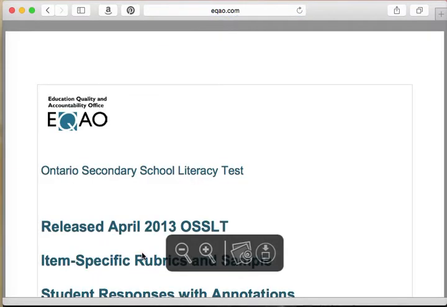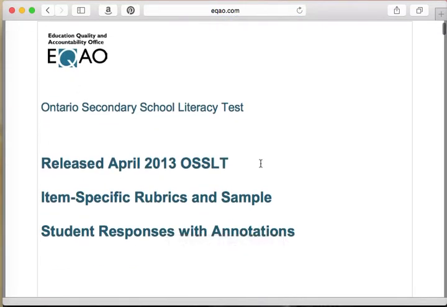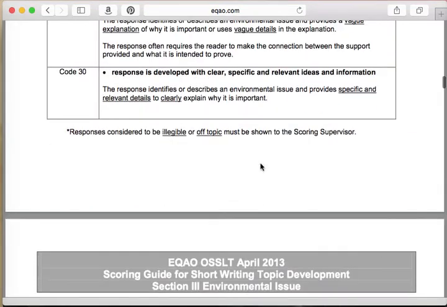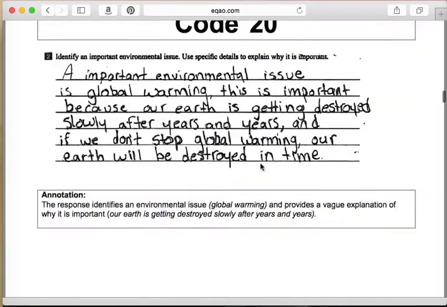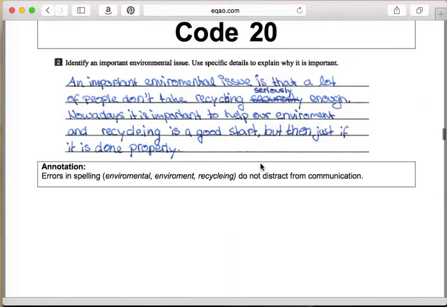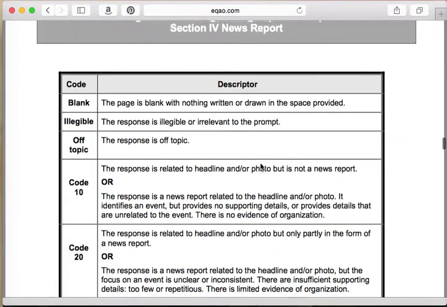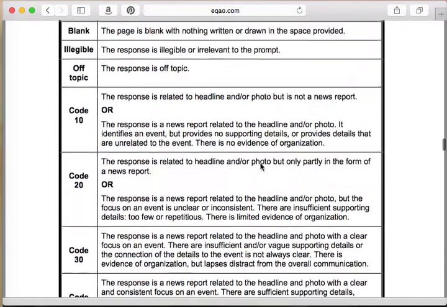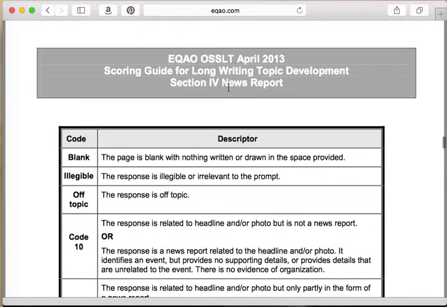In this publication by EQAO, they release the news report rubric. I'm just going to find it here for you. Alright, here we are. As you can see, this is the rubric for the news report.